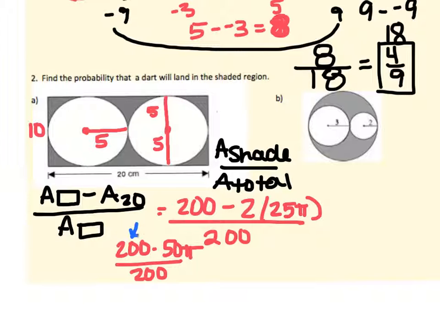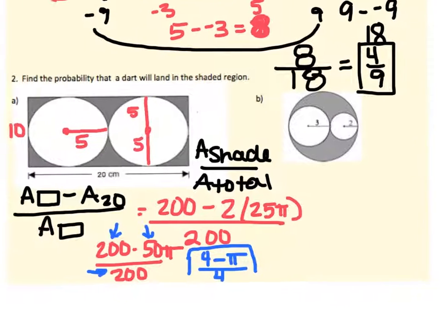Between 200, 50, and 200, the number that goes into all three of those is 50. If I divide 200 by 50, that's going to be 4. 50 pi divided by 50 is just pi. And then 200 divided by 50 is 4. So this is your probability right here. 4 minus pi over 4 would be the probability that it's going to land in the shaded region.